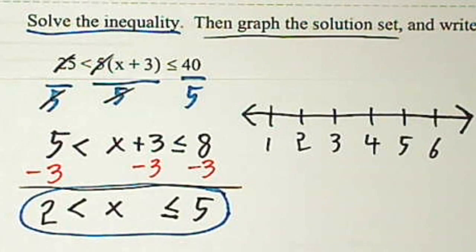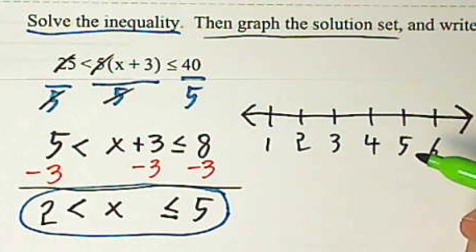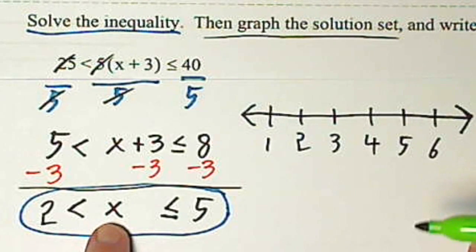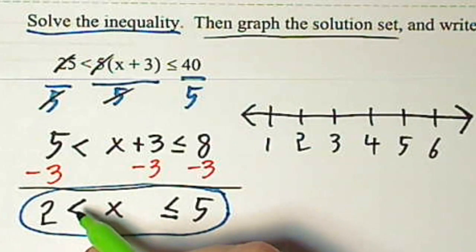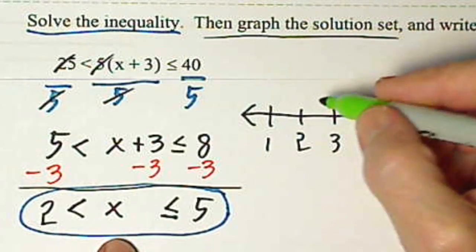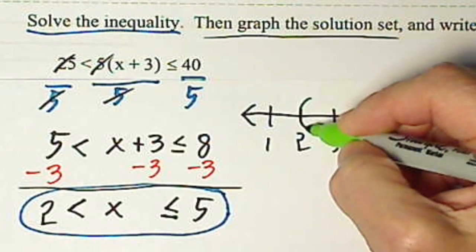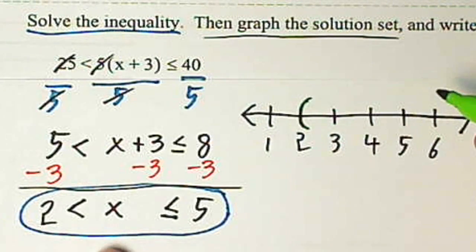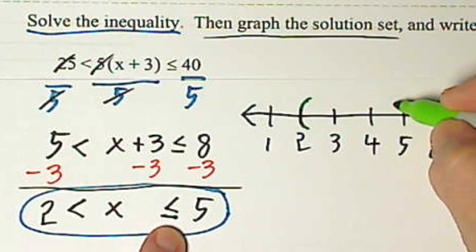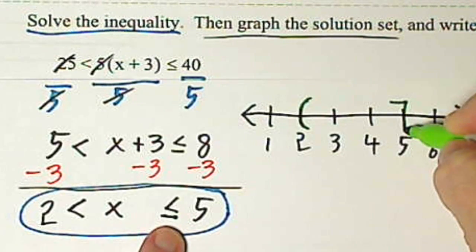And to graph it, again, read from the center. That's what I suggest. Not everyone does this, but I think it's the best practice. x is greater than 2. It's not allowed to be 2. It doesn't touch it, so we have to use our parenthesis. And x is less than or equal to 5, so that would be a bracket.